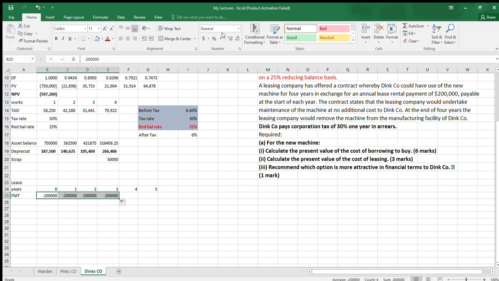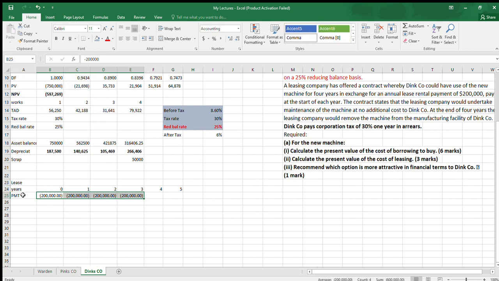Payable at the start of each year: year 0, year 1, year 2, year 3. It is having 4 years. You have the payments or the lease rentals.